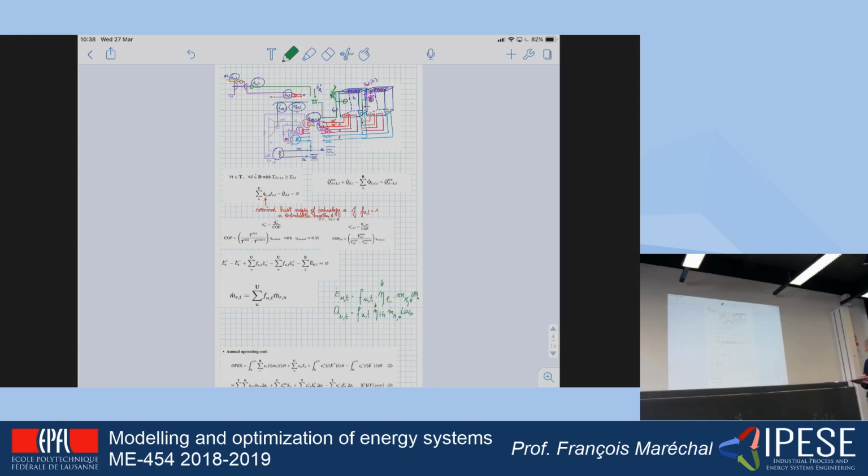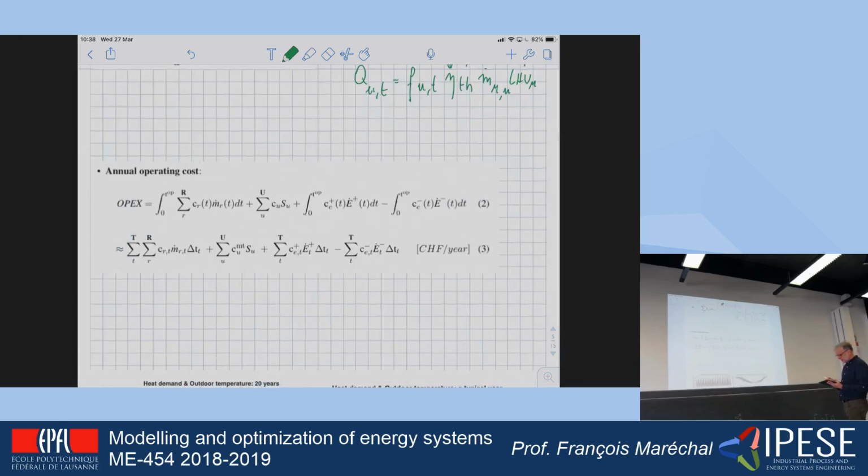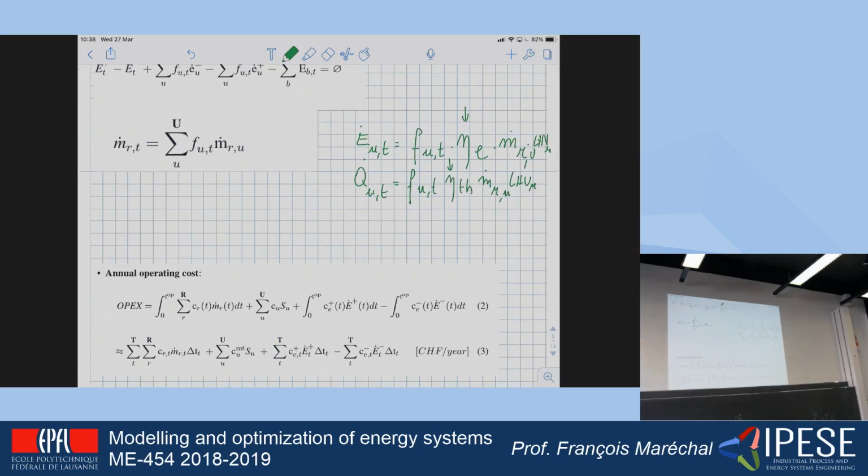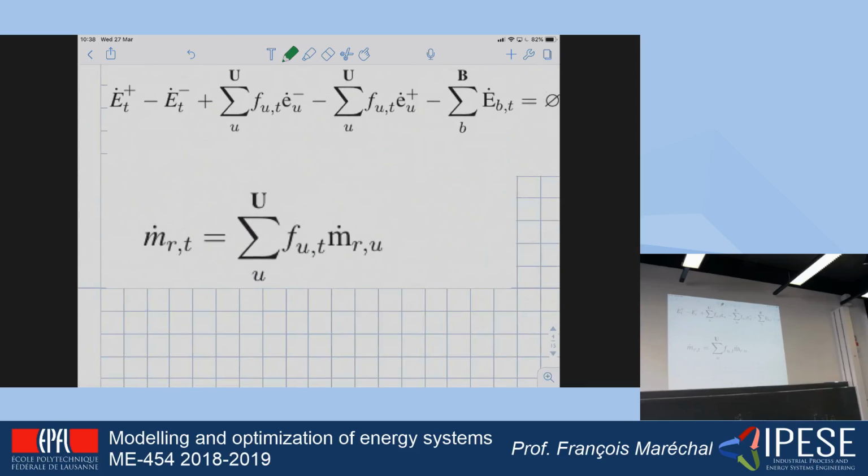So when I have done this, then I will have the possibility of calculating the performance of the unit. And one of the performances of the unit is the operating cost. Okay? So up to now, I was looking here at something which was depending on t, so on the time. Okay?